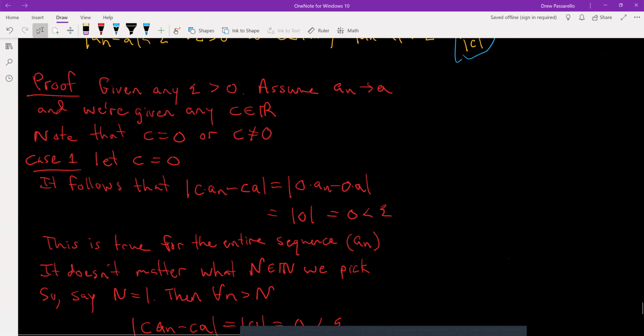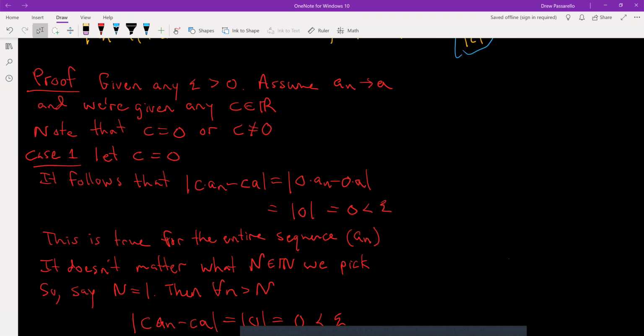So given any epsilon greater than 0, assume the sequence a_n converges to A, and we're given any real number C. Note that C could be 0 or not 0. If C is 0, it follows that the absolute value of C times a_n minus C times A is equal to the absolute value of 0 times a_n minus 0 times A, which is 0, and that's less than epsilon.